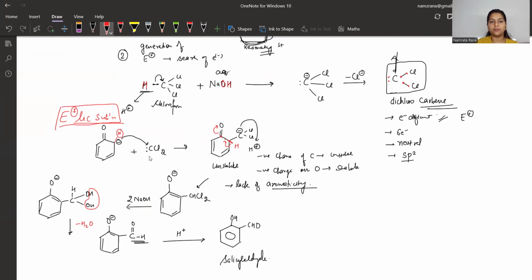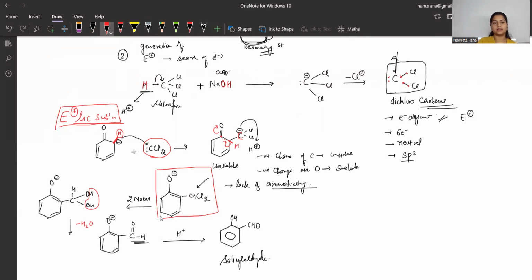Because this electrophile is substituting this H of the benzene ring. So, as soon as this CCl2 comes here, this compound loses its aromaticity. Also, the carbon contains a negative charge, so it has to be shifted in this manner.